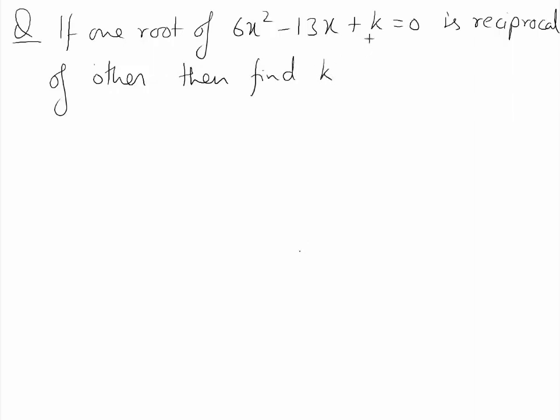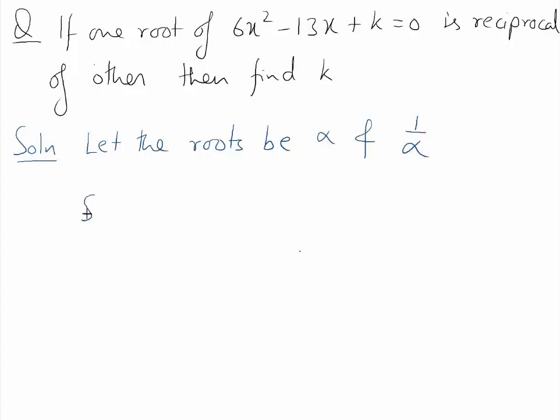So we need to find the value of k such that the roots are reciprocal of each other. So since k is unknown, we cannot actually find the roots of this equation. So we'll assume let the roots of the equation be alpha and beta. Now you realize instead of beta we can write 1 by alpha because the roots are reciprocal of each other. So if one root is alpha, the other has to be 1 by alpha.